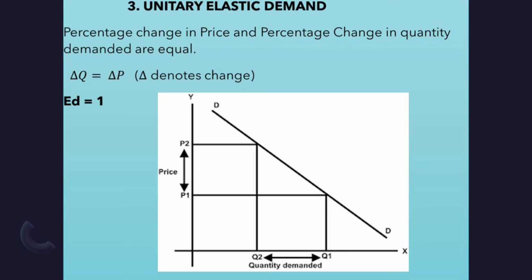As you can see in the picture, when the price changes from P1 to P2 and the quantity changes from Q1 to Q2, the change in price is equal to the change in quantity. So this will be considered your unitary elastic demand.